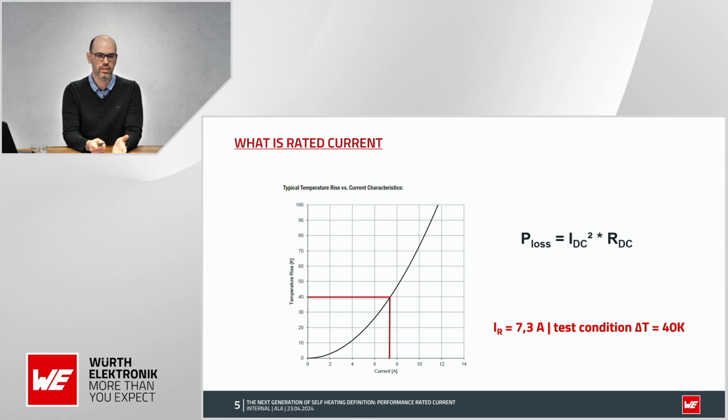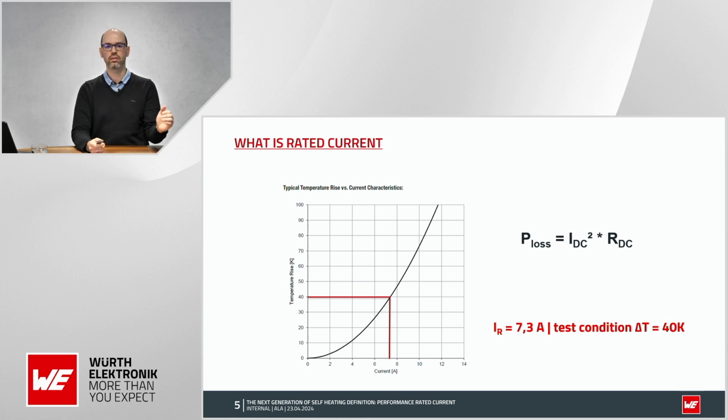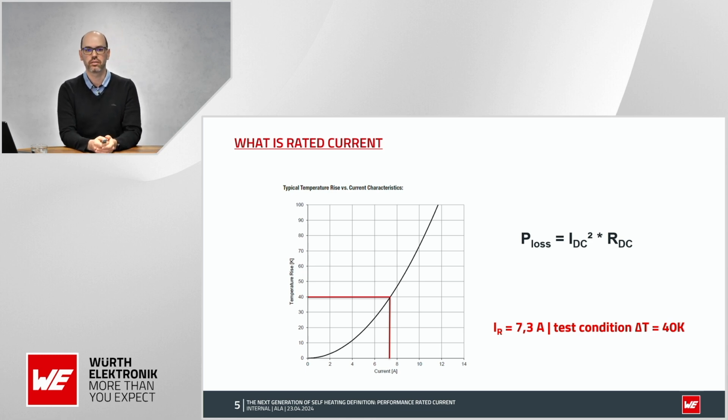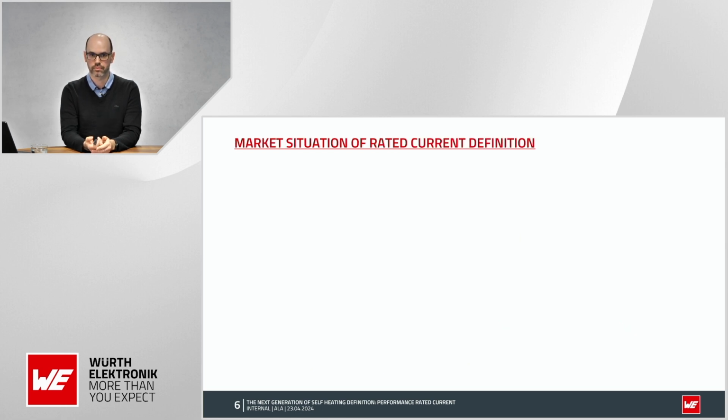Like showed in the beginning, we have our 40 Kelvin temperature rise, and then we go horizontally until we meet the line, and then we go vertically down and read where we are on the current axis, and this is how the rated current is defined so far.